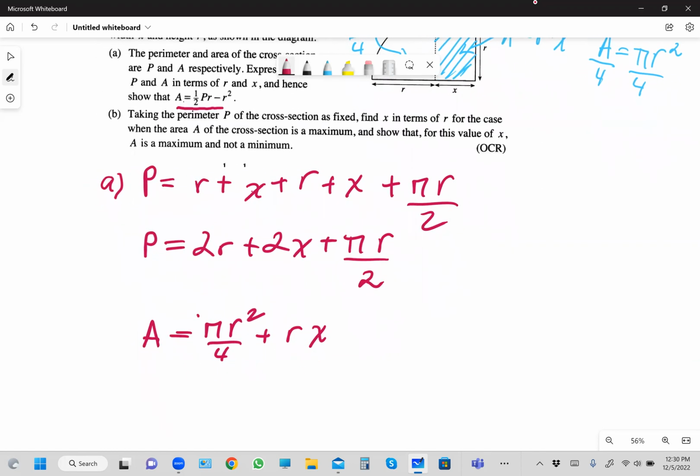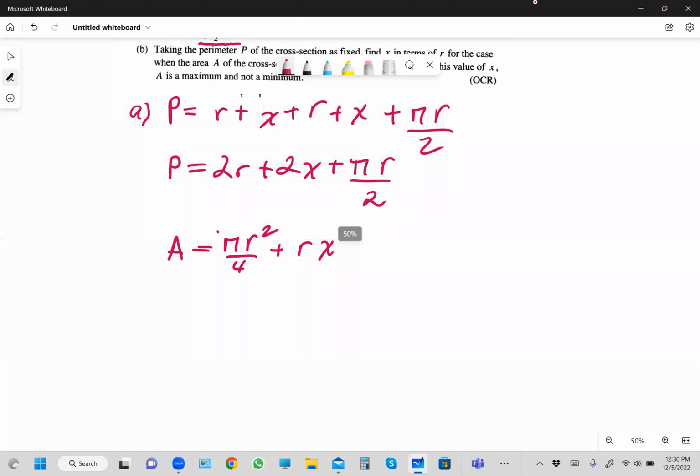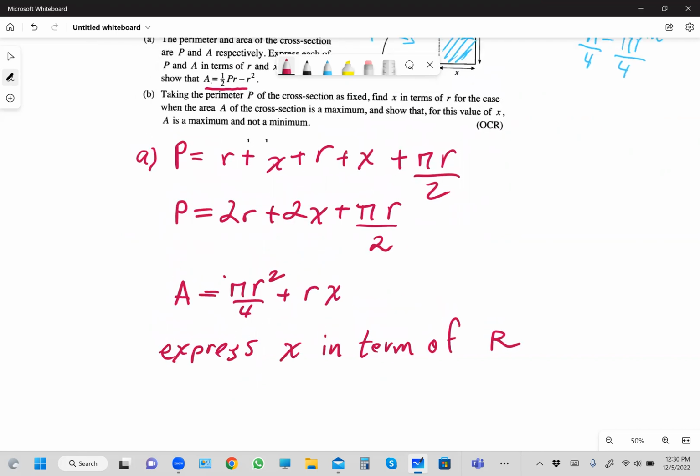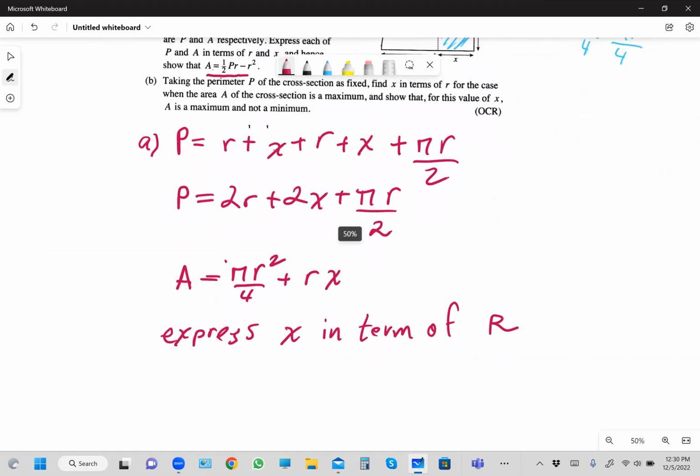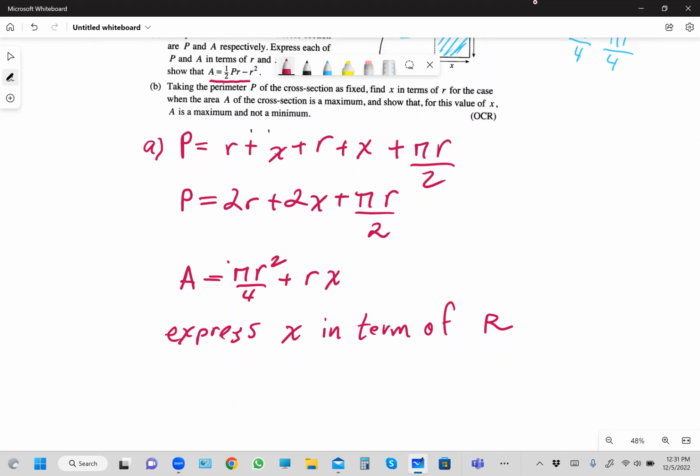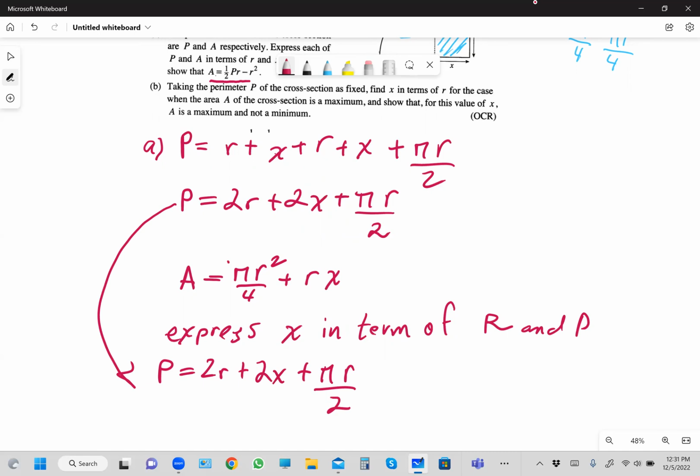You're going to have to figure out a way to express X in terms of R. That is possible, but it's not just R, it's R and P, because notice that if I look at this here, P equals 2R plus 2X plus pi R divided by 2.